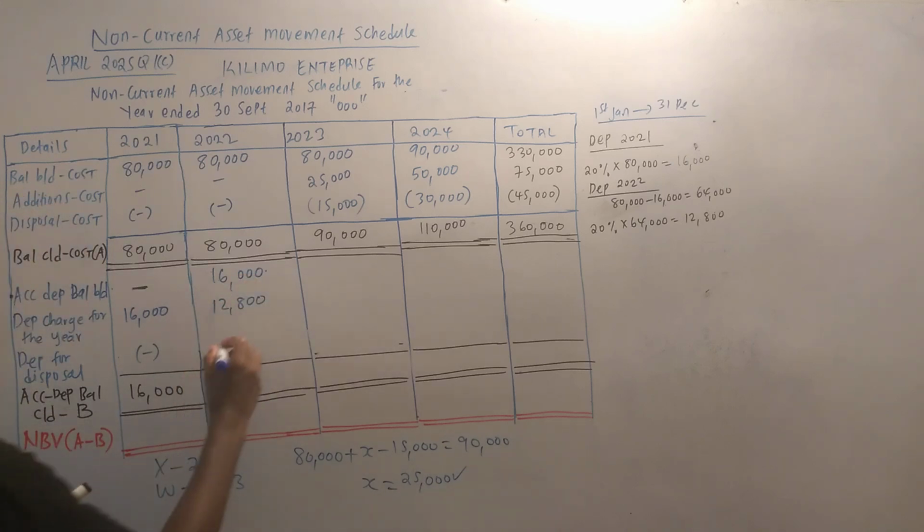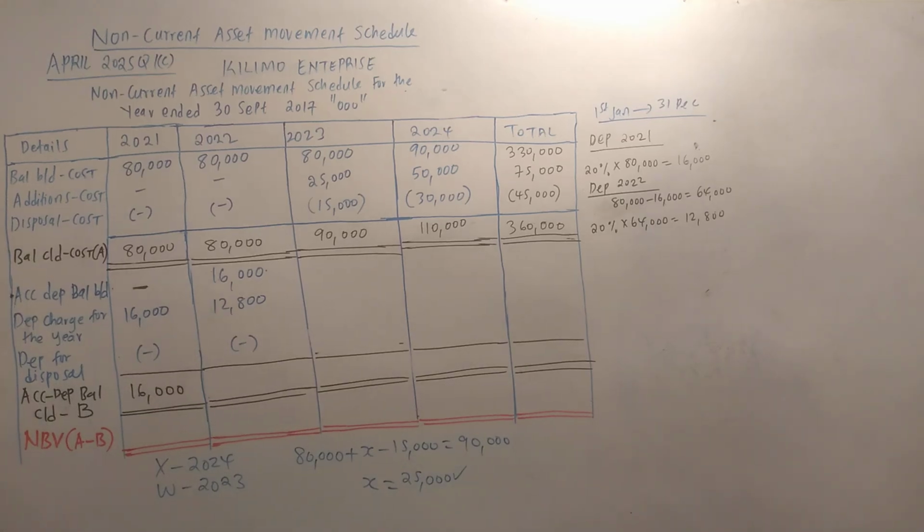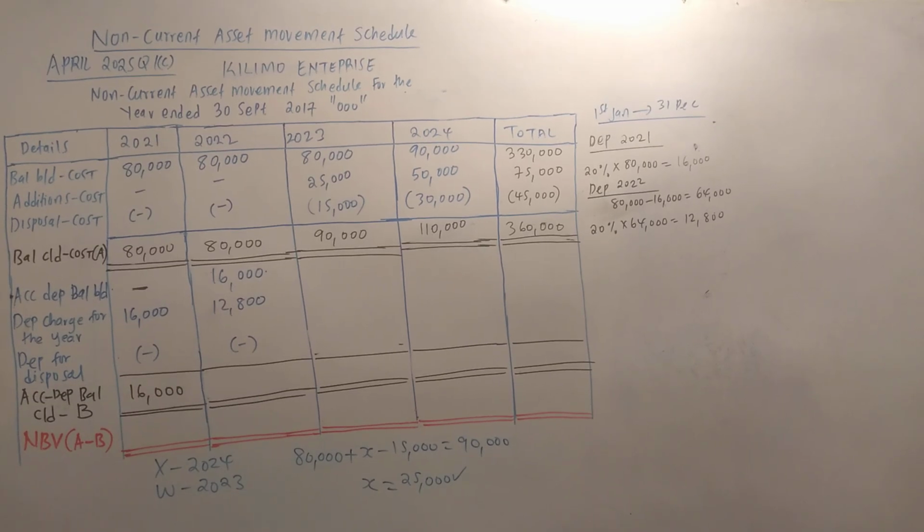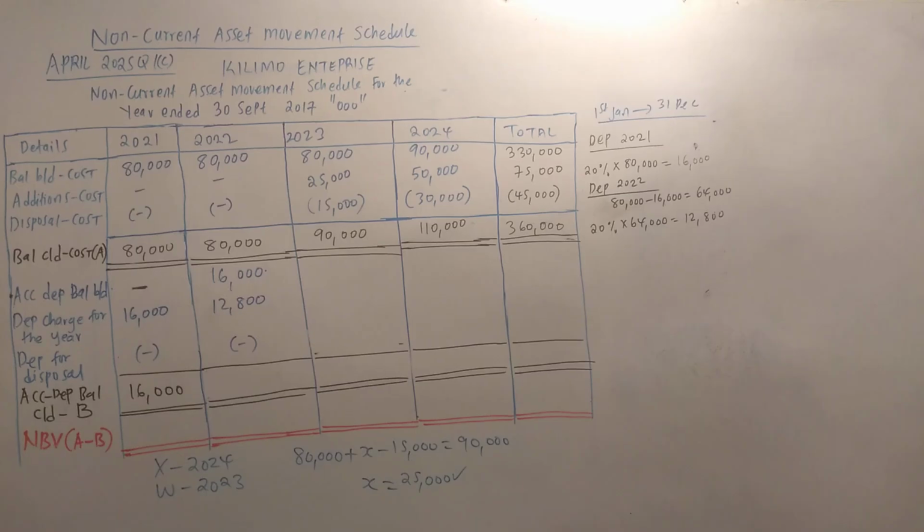So here it is, 12,800. There was no disposal. So you just add depreciation at the beginning, that is 16,000 plus 12,800 minus 0.